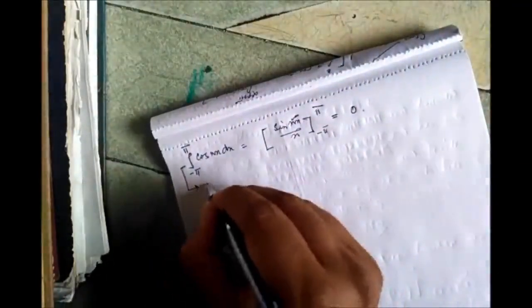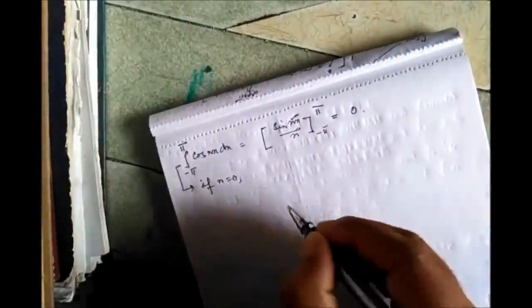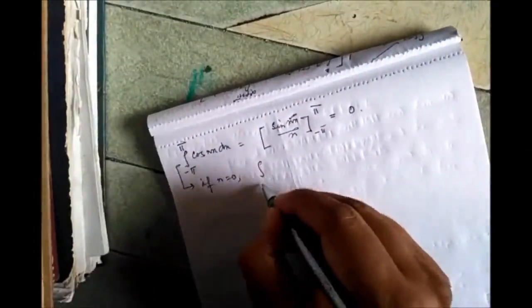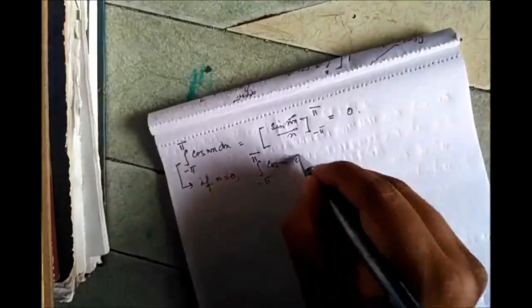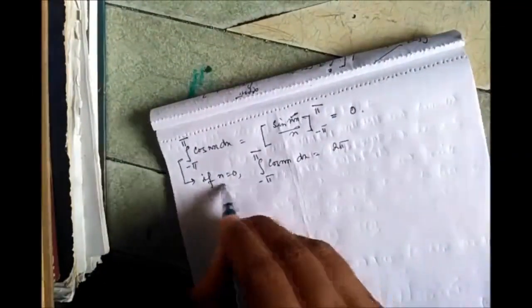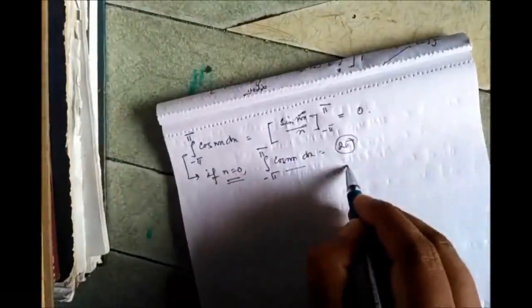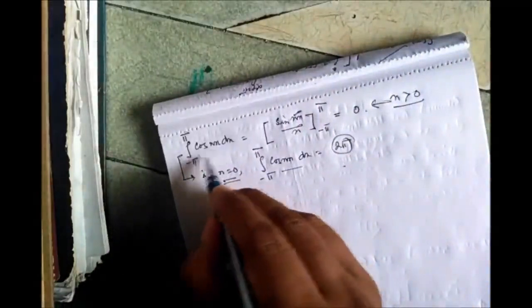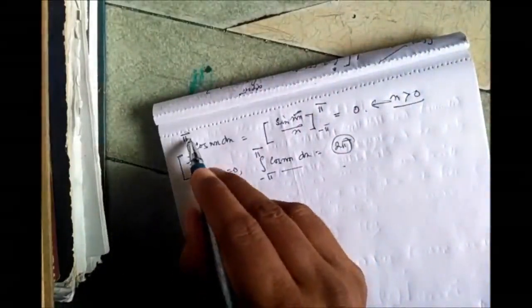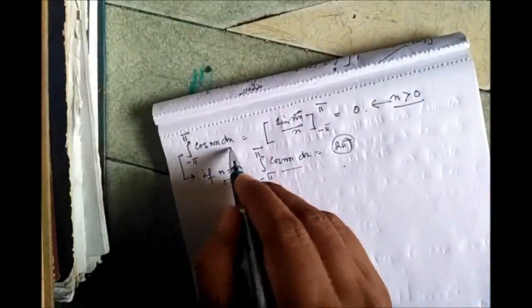But if n equal to 0, then minus pi to plus pi cos nx dx will be twice pi. So for n equal to 0, from this integration I get twice pi, but if n greater than 0, I get the integral minus pi to plus pi cos nx dx as 0.